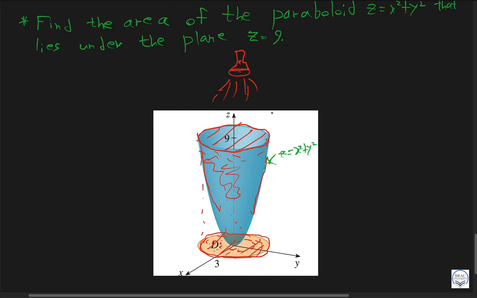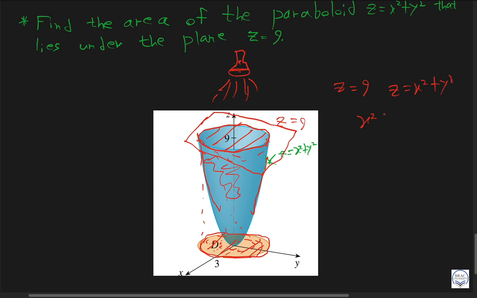Since this circle lies on the plane z equals 9, this means that the paraboloid also intersects this plane in the same circle. So z equals 9 and z equals the parabola. If I intersect these two equations, I'm going to find the circle.